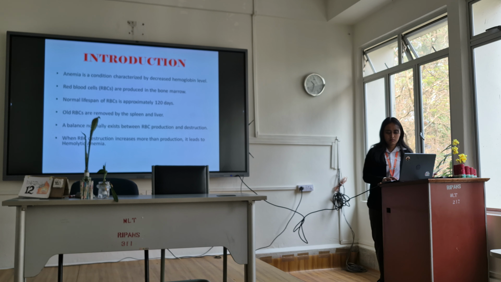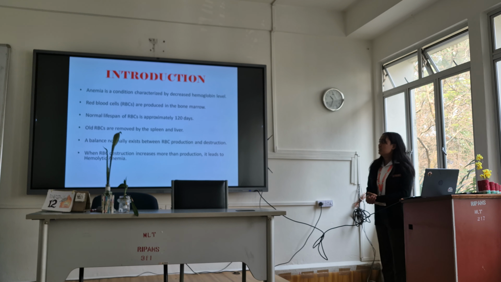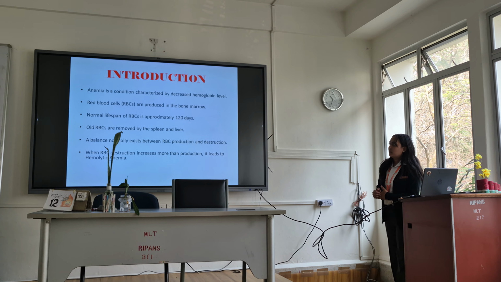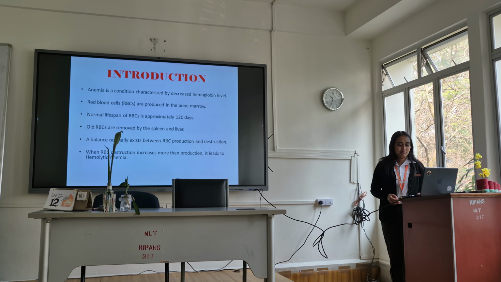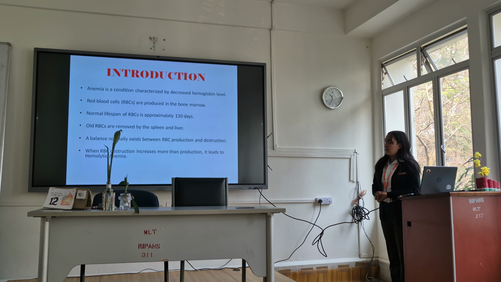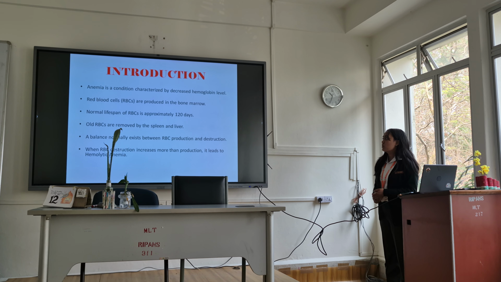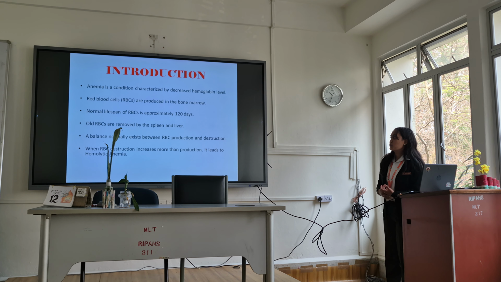Moving on to the introduction, anemia is a condition characterized by decreased hemoglobin level, which is due to blood loss. Red blood cells are produced in bone marrow, and their normal lifespan is 120 days.